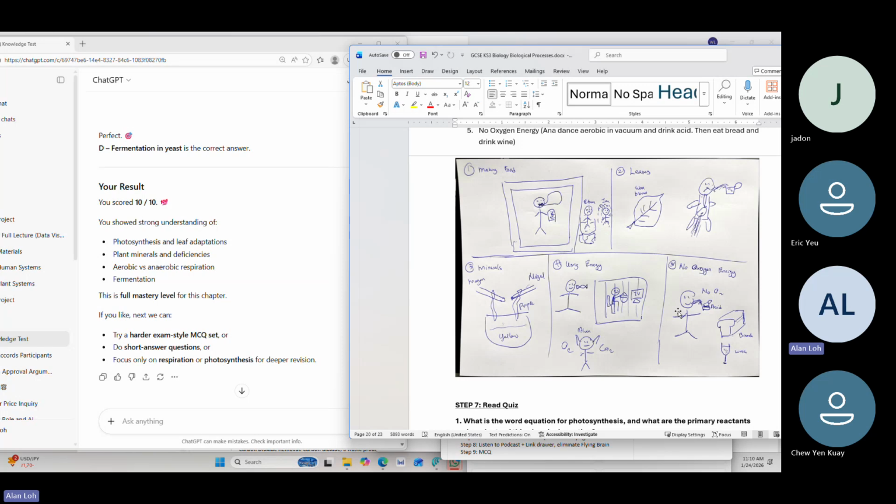And that will only take you maybe maximum 10 minutes. And then you are already at the level that you understood the chapter. Not only that, you're able to explain it well on the content of that particular chapter, which in this case is biological processes. Last week, it was electricity and electromagnetism.